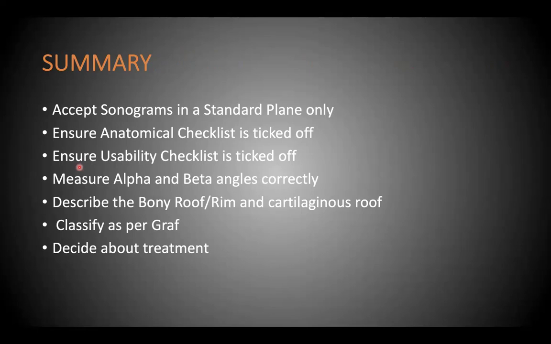The qualitative description of your bony roof, bony rim, and cartilaginous roof should give you a rough idea of what Graf type you're looking at. And if there is a stark discrepancy between what you think it is versus what you're measuring on the alpha and beta angles, then you have to revisit and see what is going wrong. After you have measured everything correctly, you will classify as per Graf and then you will decide about treatment.